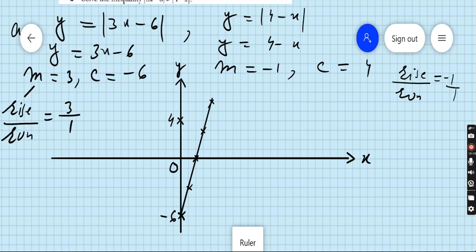So from 4, down by 1, then a point, then 1 down, then a point, and so on. This is our second equation. Join this equation.